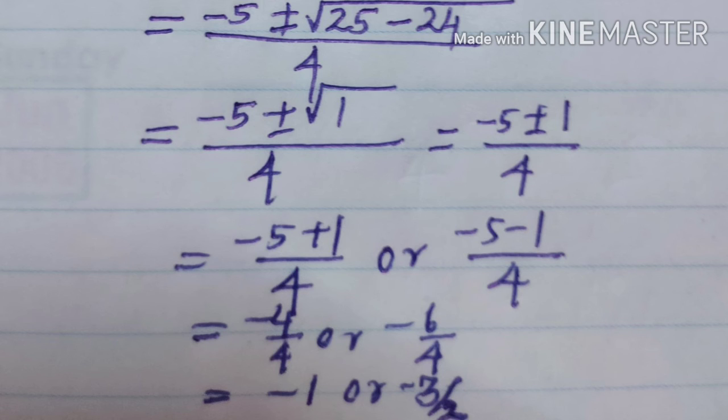Thus, x = (-5 + 1)/4 or (-5 - 1)/4. That is, x = -4/4 or -6/4. This implies that x = -1 or -3/2. Therefore, the roots of the equation are -1 and -3/2.